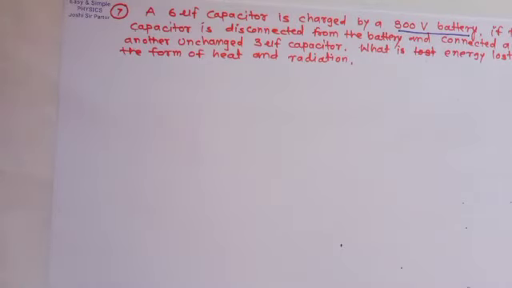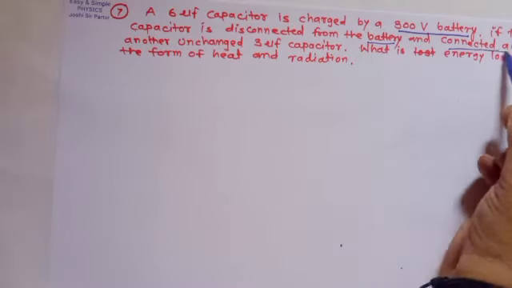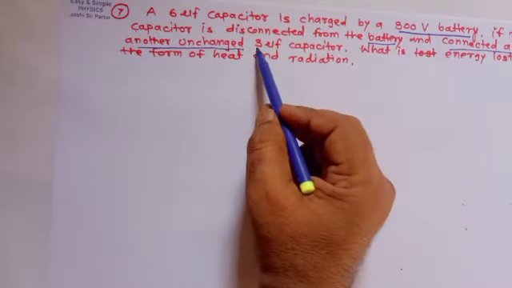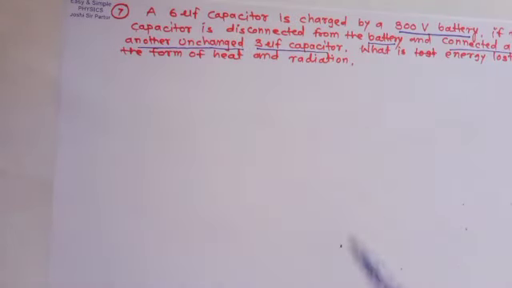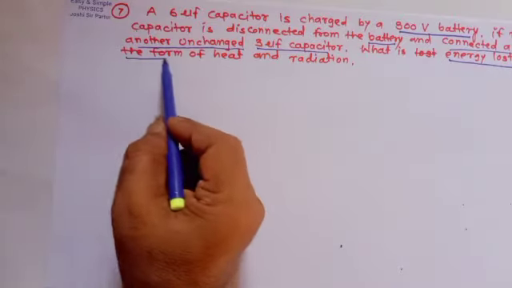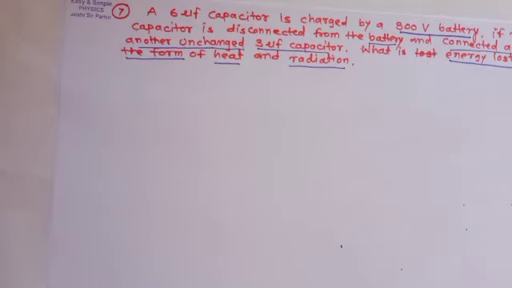If the capacitor is disconnected from the battery and connected across another uncharged capacitor of capacity 3 microfarad, what is the energy lost in the form of heat and radiation? Means we can find out the energy which is lost. So in such an example, we have some data.